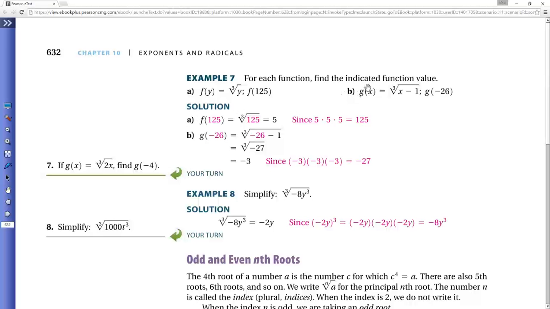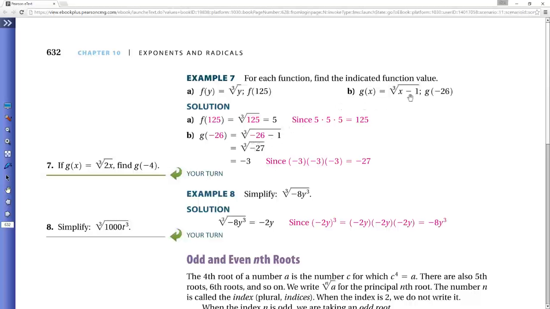So for each function here, find the indicated value of the function. We're going to substitute things in for y. It says f of y equals the cube root of y, is how you'd read this. Well, if I put 125 in for y, in other words, what is the cube root of 125? Or what number times itself 3 times equals 125? That means to the third power.